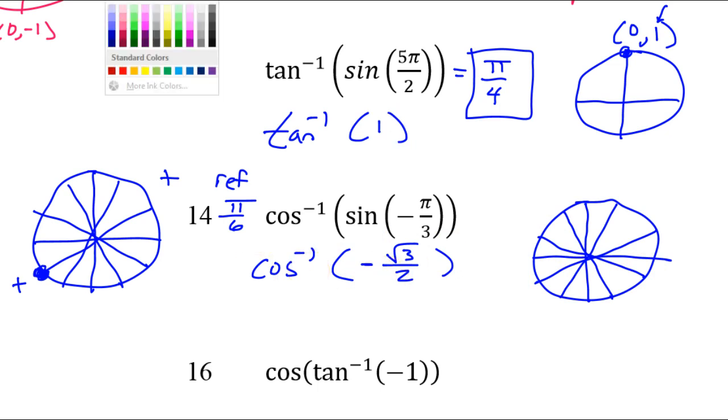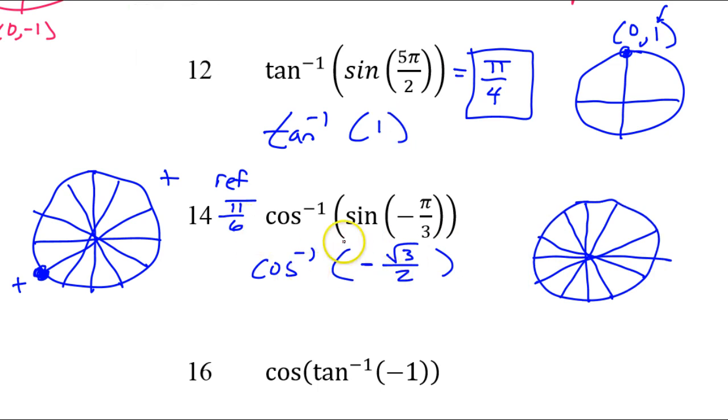There are 4 angles that have a reference angle of pi over 6. Cosine, being the x value, is positive on the right-hand side and negative on the left-hand side. Okay, these are the 4 angles that have a reference angle of pi over 6.